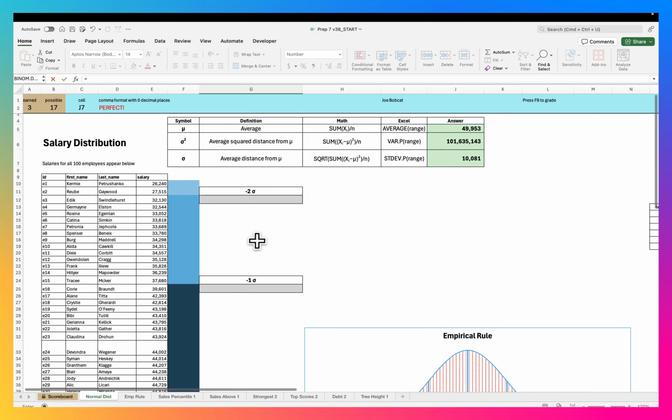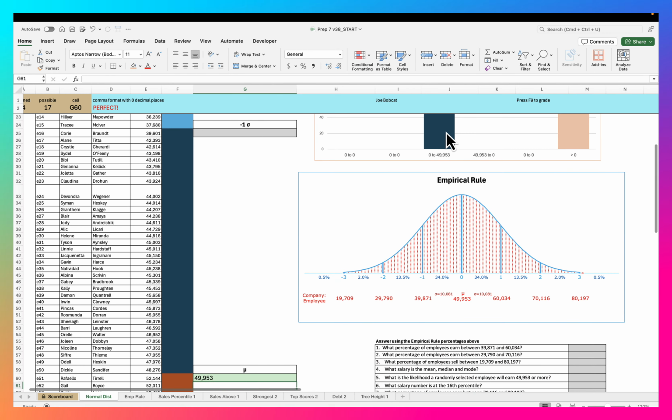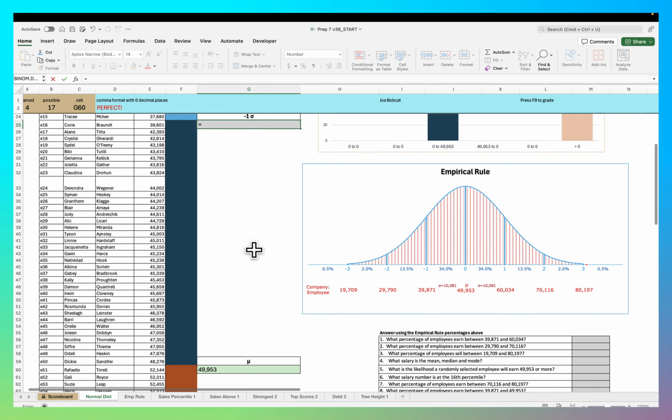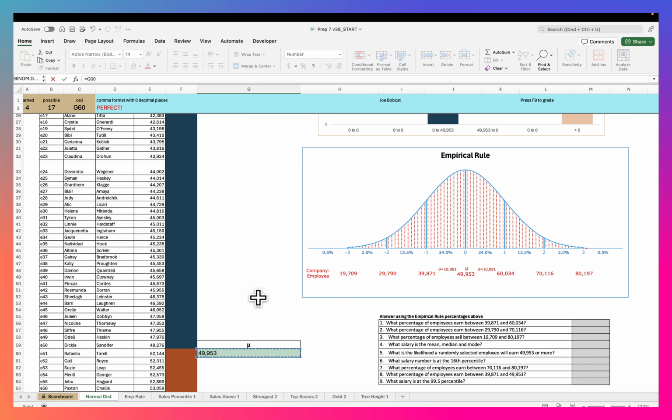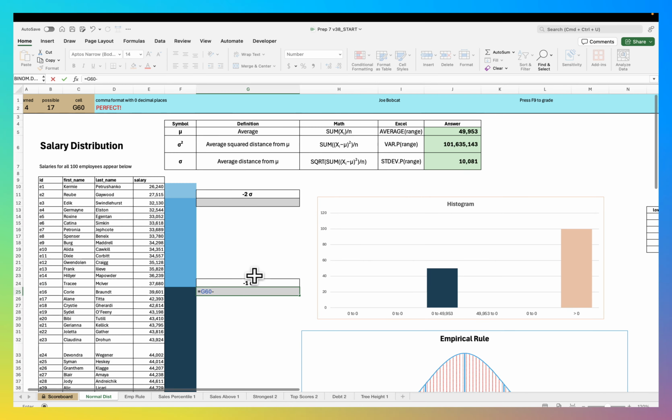So that equals the mean up here. And then we're going to subtract one standard deviation. So that's going to be equal to this mean, and then minus the standard deviation.